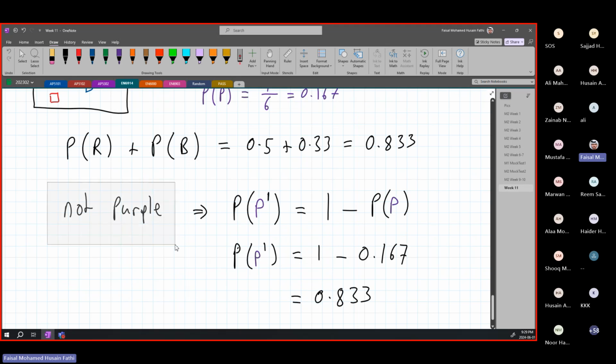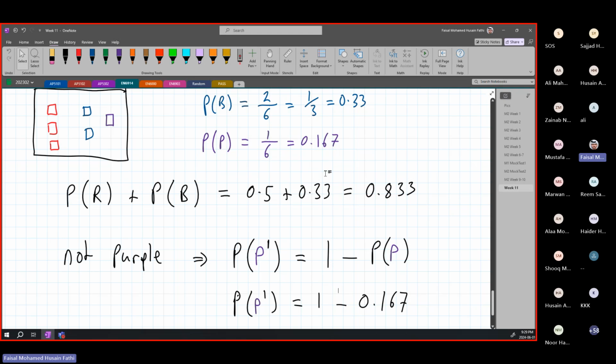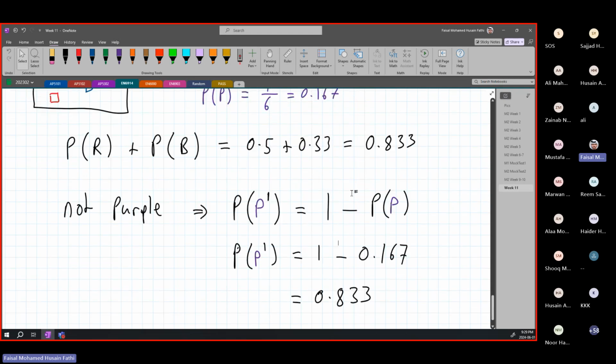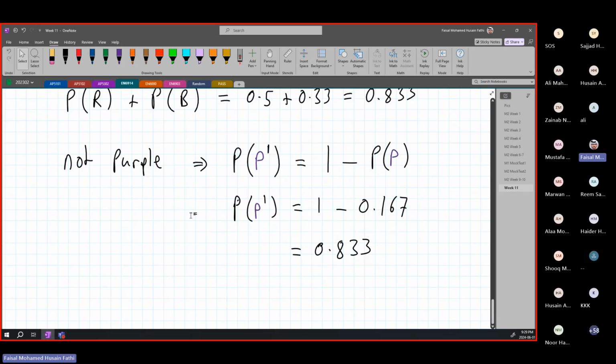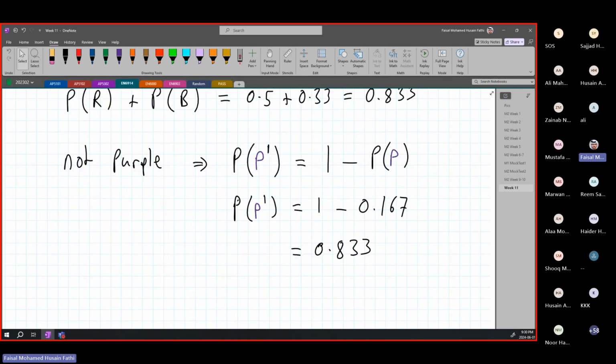So when we're talking about not, we are just simply subtracting the probability that will occur from 1. I mean, one minus whatever the probability of that thing occurring. Okay? It's logical. If something happens, what is the chance of it not happening? If I tell you I have a 25% chance of succeeding, what is the chance that I fail? 1 minus 0.25, which is 75% or 0.75. This is where the not rule comes from. So both of these rules can be applied in this case.